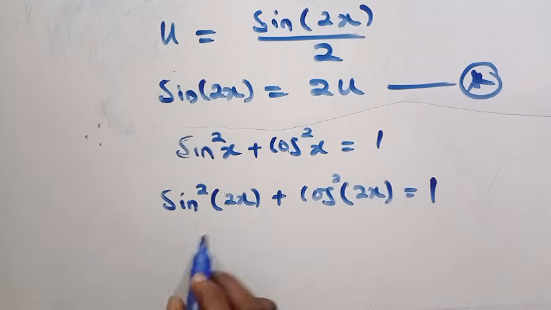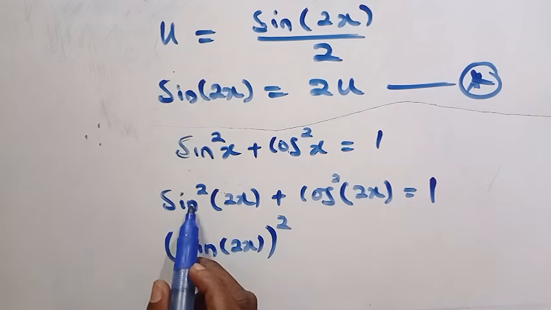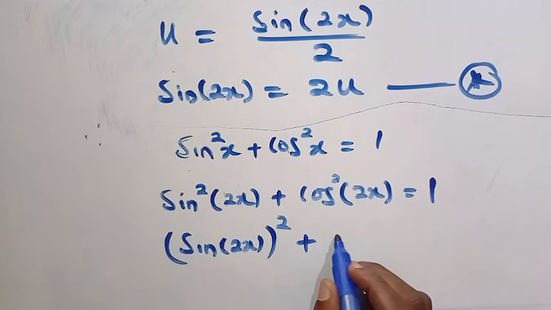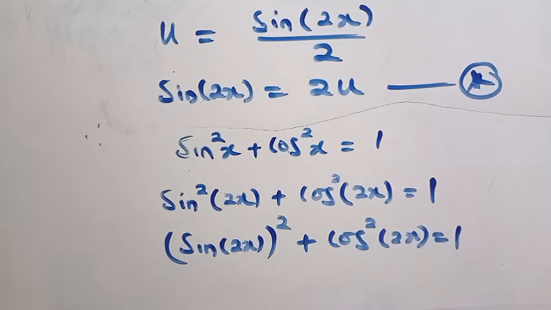This is just rewriting sine 2x raised to the power of 2, which is the same thing as sine squared 2x, plus cos squared 2x equals 1.